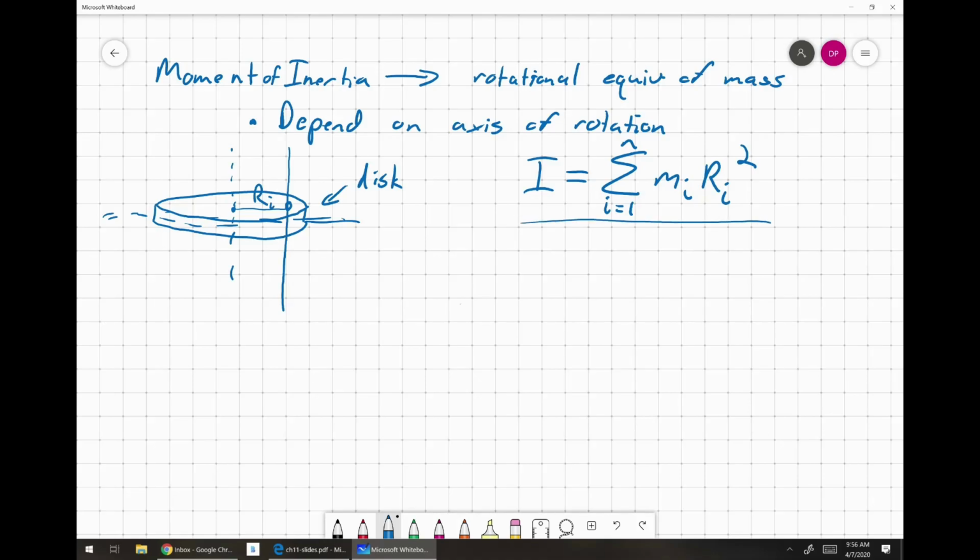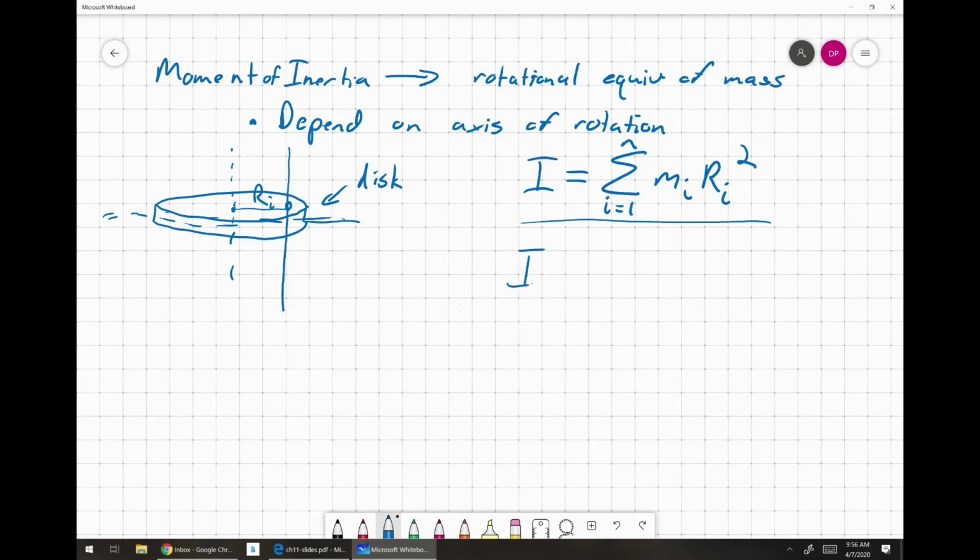We could also, of course, express this. In this case, it would be more conveniently expressed as an integral, but you don't need to worry too much about that. Just suffice it to say that you can compute what you would expect this moment of inertia to be.